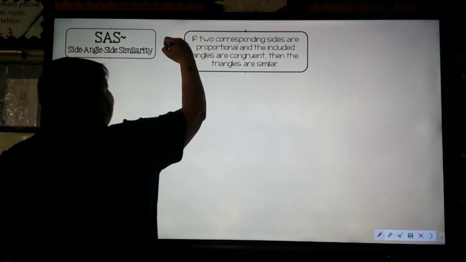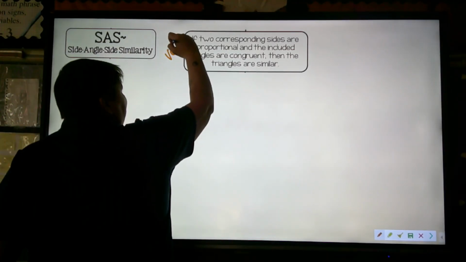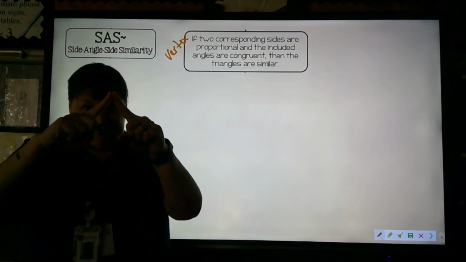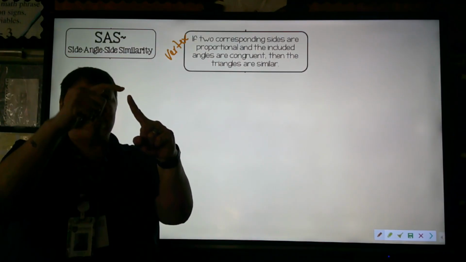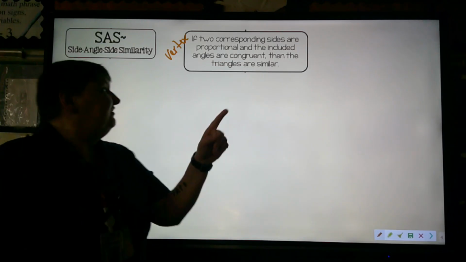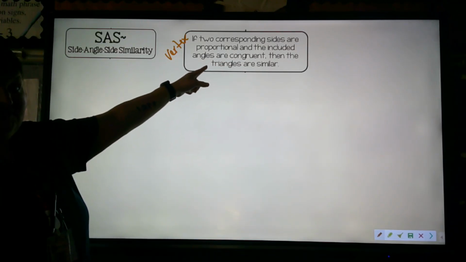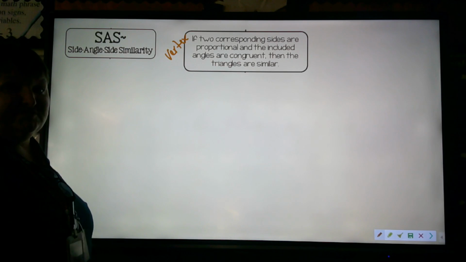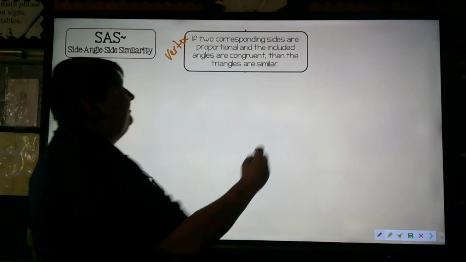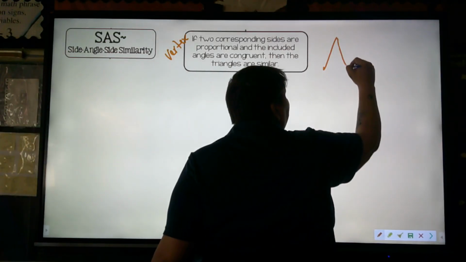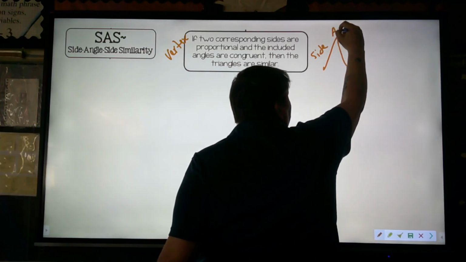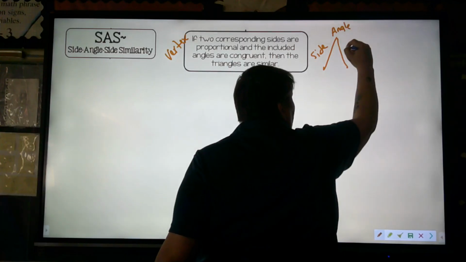So if the vertex between those two corresponding sides are congruent, then the triangles are similar. So side angle side, right?